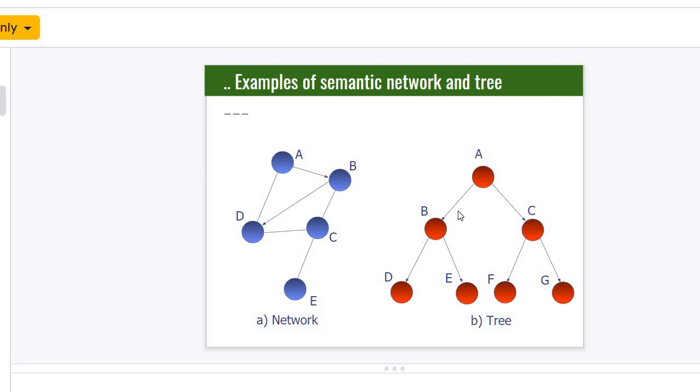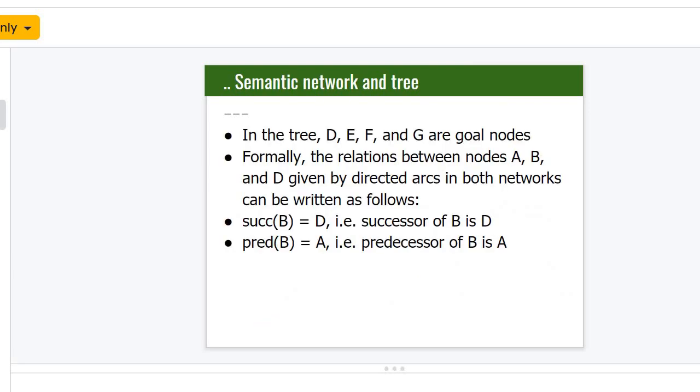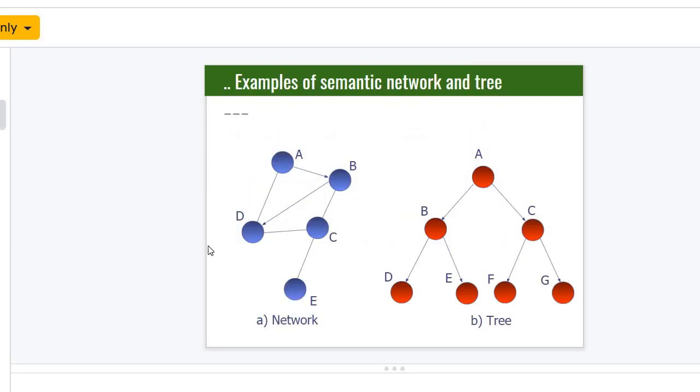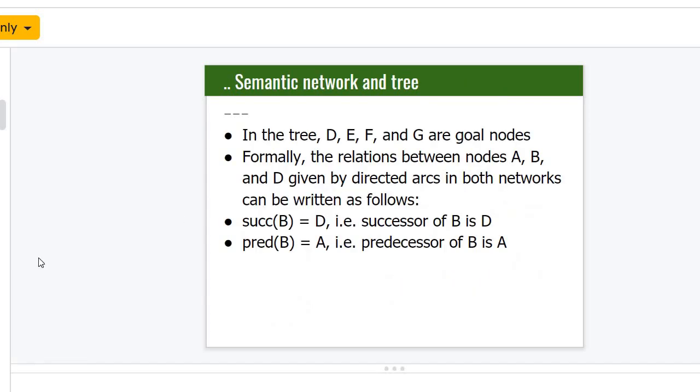If you look at these arcs, they have an arrow, and the arrow means direction. There are two types of graphs: one is directed, another is undirected. This direction matters a lot because it tells from which point to which point it is going. This is all that I explained to you.